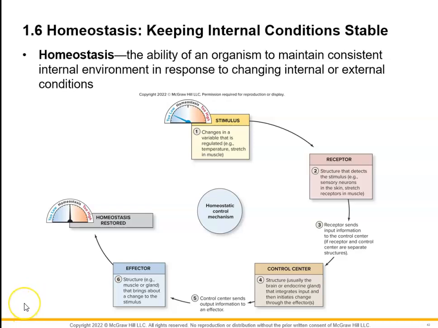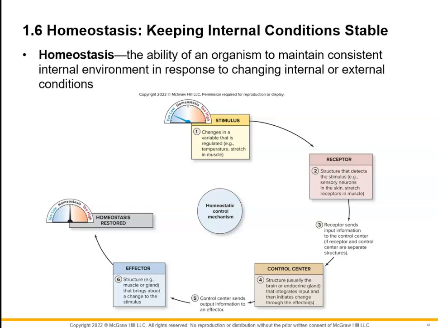So in order to understand homeostasis a little better, we need to understand the pieces and parts that go into detecting changes and causing an action to occur to get things back to normal. So I want to pause for a moment and ask you to think about the way the thermostat in your house works. Let's say you have your thermostat set on 70 degrees, and that's where you want the temperature to stay.